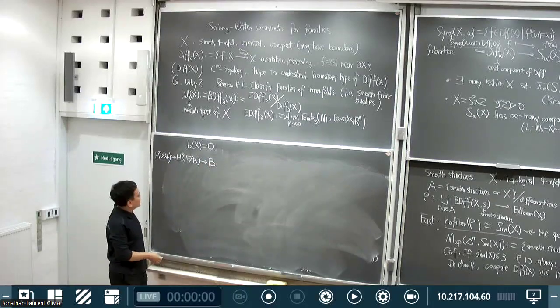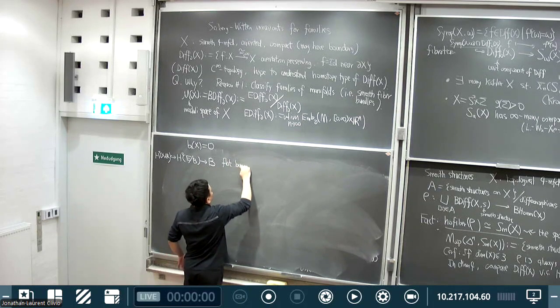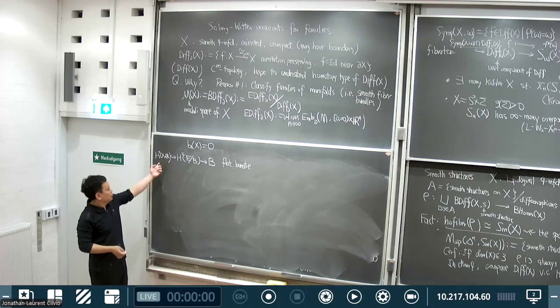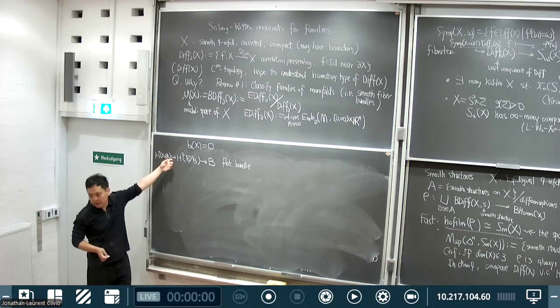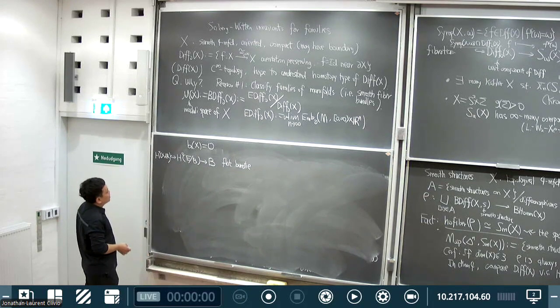So this is a flat one, and you can use the coefficients to form another bundle that gives a canonical flat connection on this bundle.